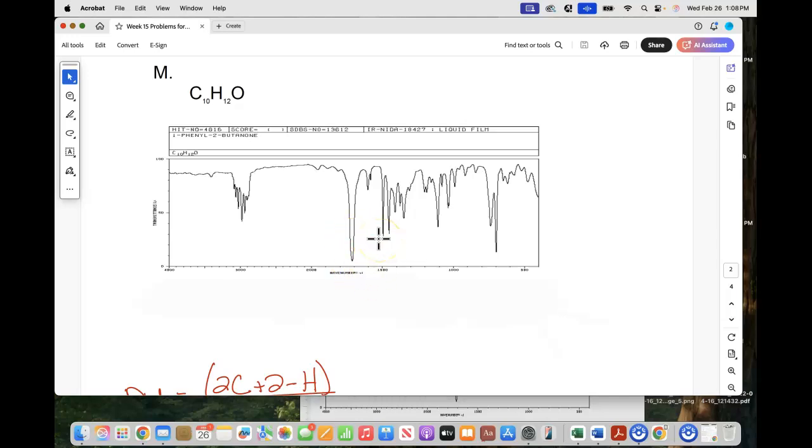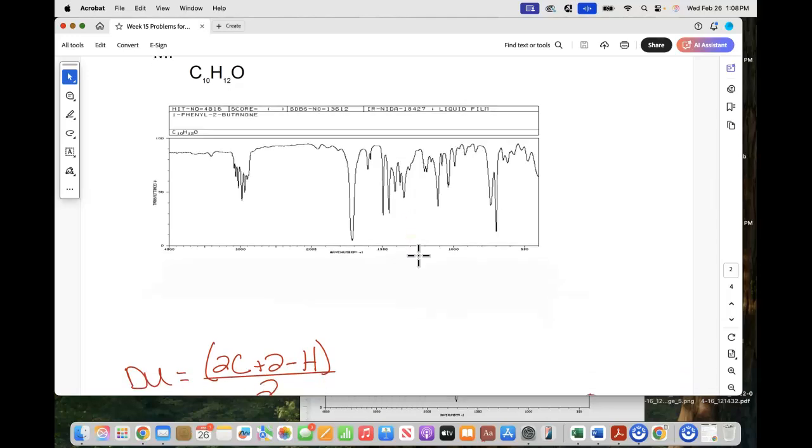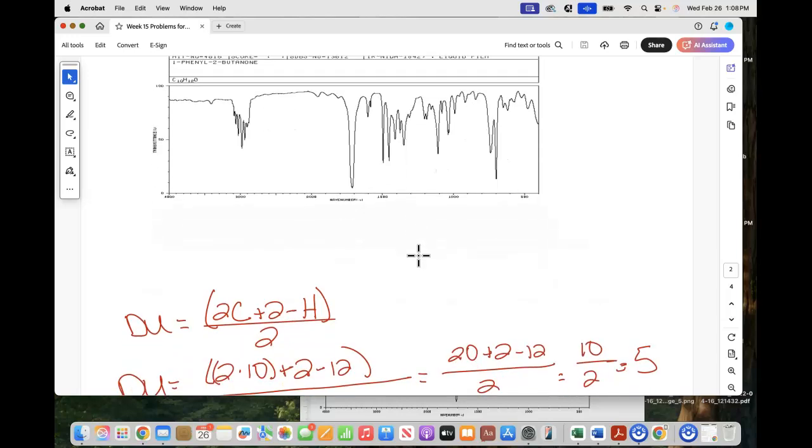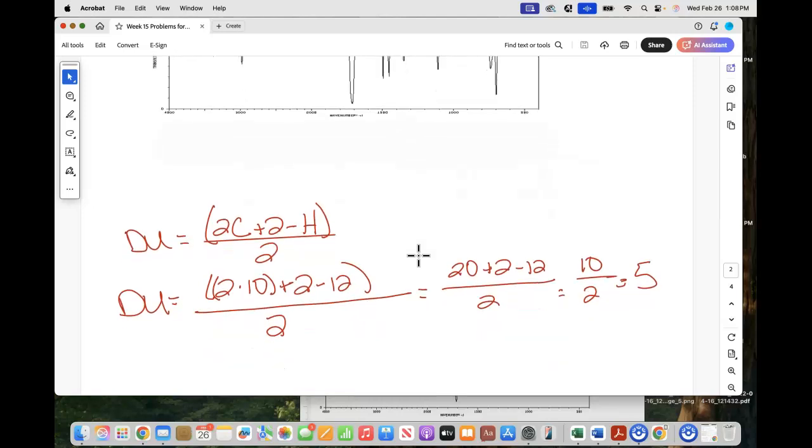The carbon-carbon double bond stretch between 1475 and 1600 further supports the presence of a benzene ring. These findings suggest that we are dealing with a benzyl ketone, but we need to confirm that with NMR data.